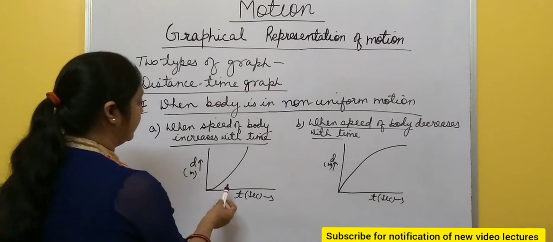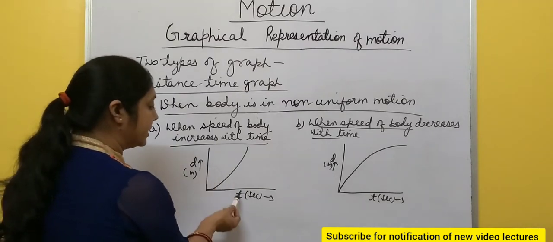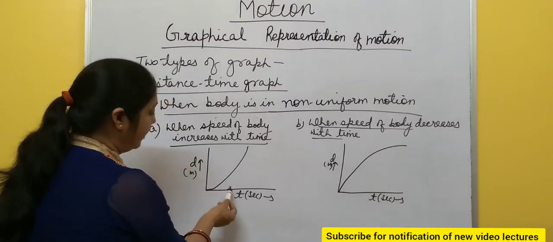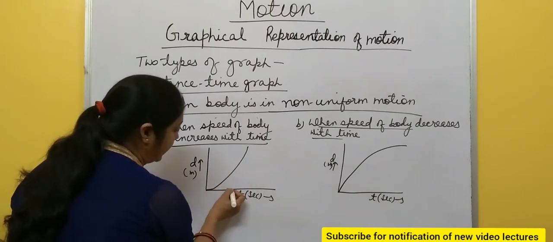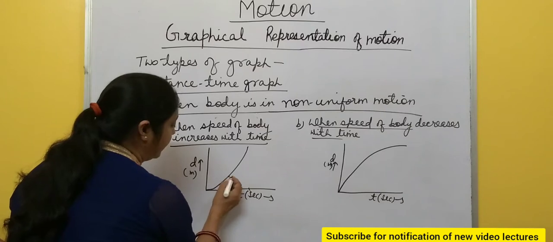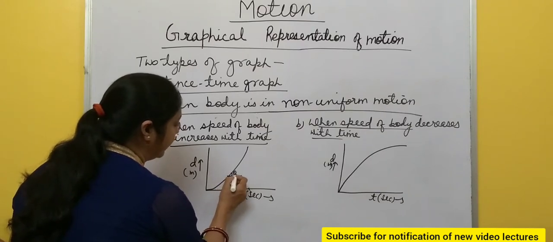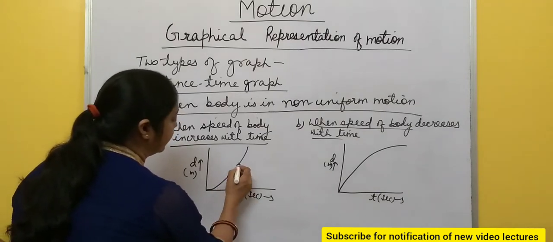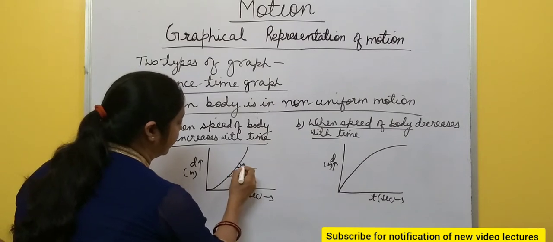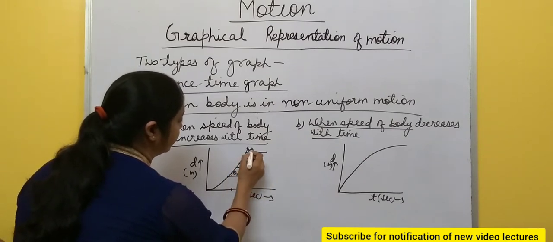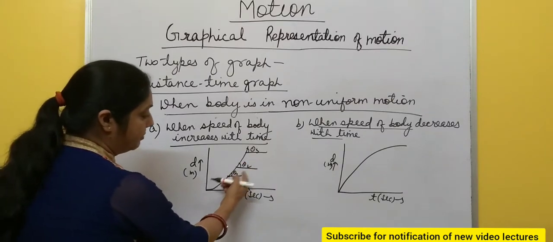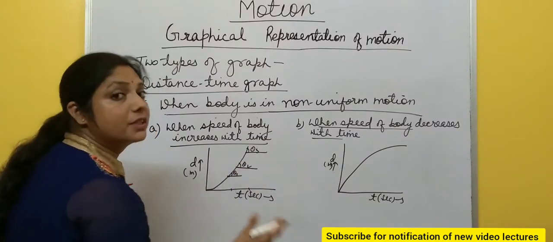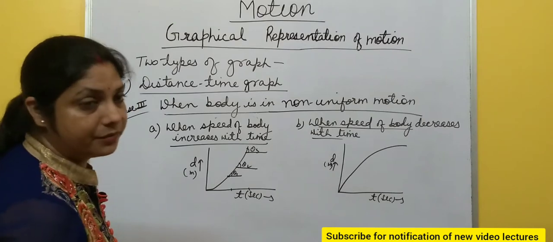In this case, the body covers unequal distance in equal intervals of time, and at different times the body makes different angles: this time theta 1, this time theta 2, this time theta 3. All these different times the body makes different angles. It means slope is different, speed is different.